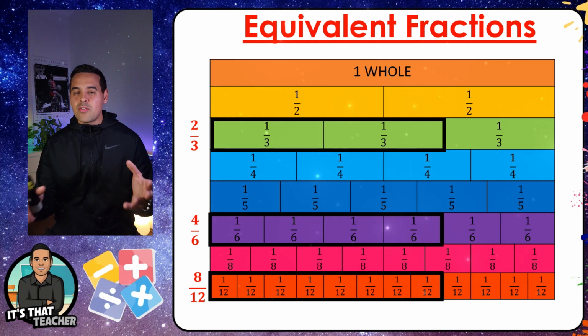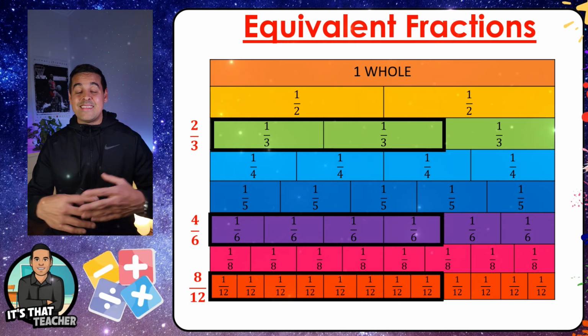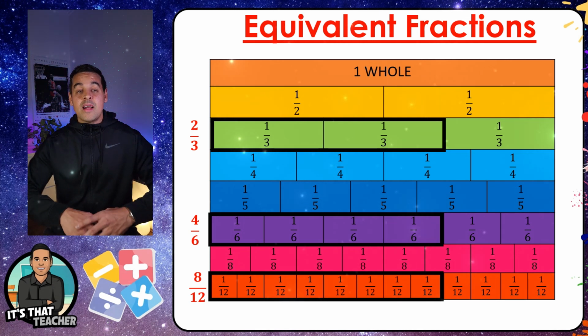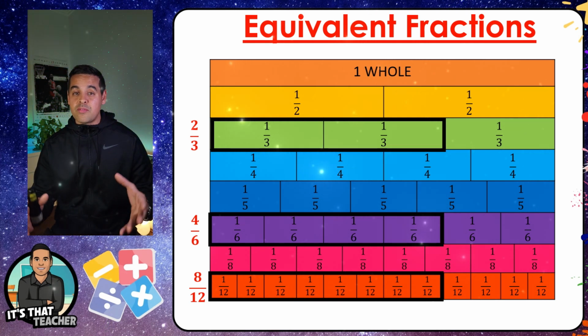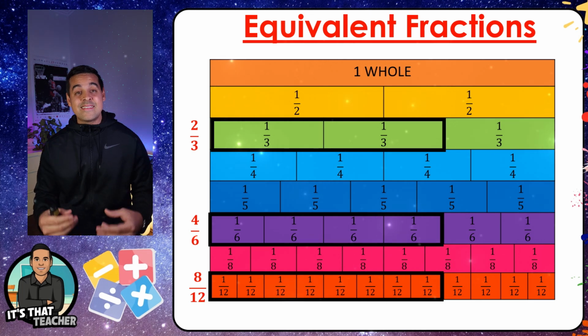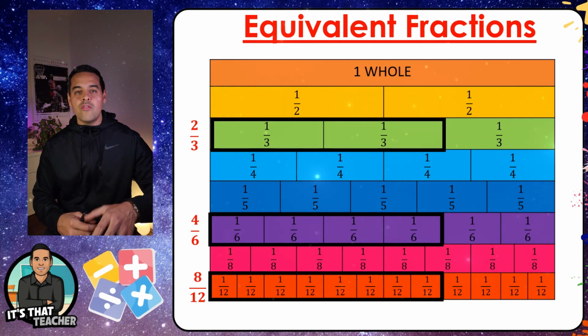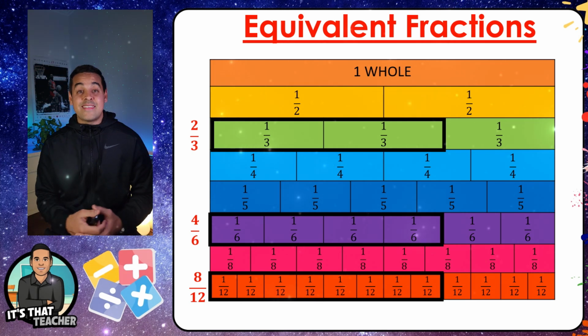The percentage of the whole that we have used is exactly the same. The numerators and the denominators are different. However, the percentage or portion of the fraction that we have is equivalent. So hopefully that visual representation of equivalent fractions has helped you.